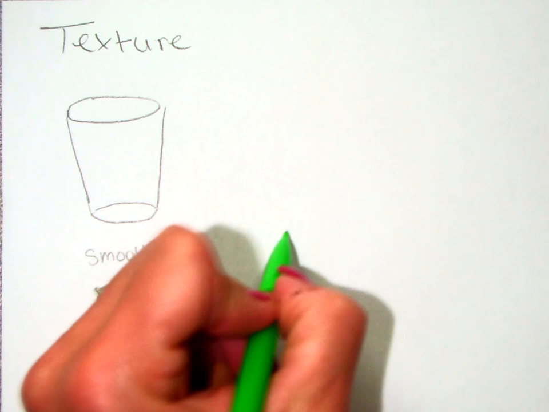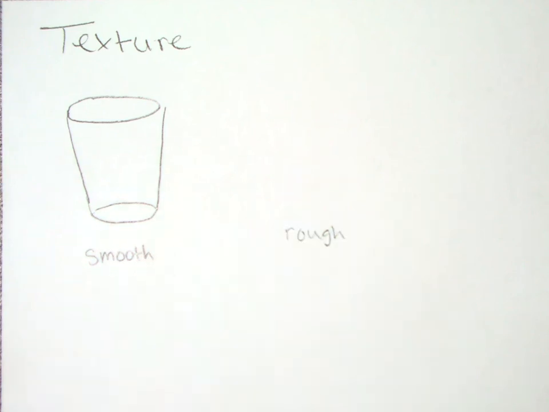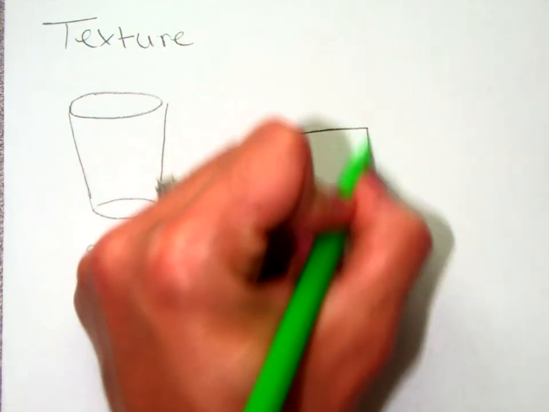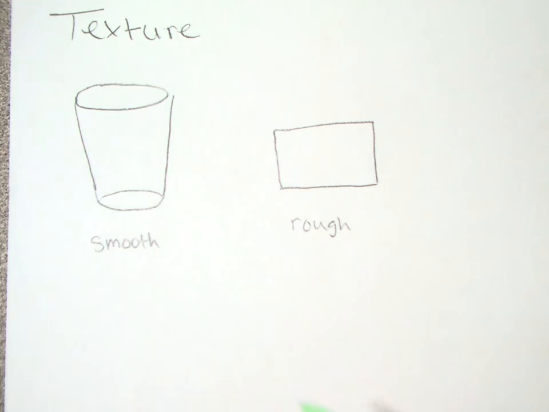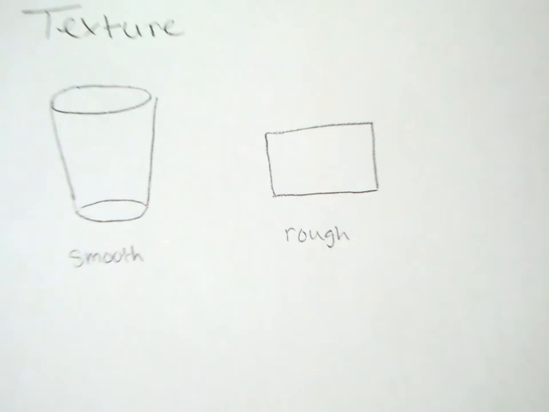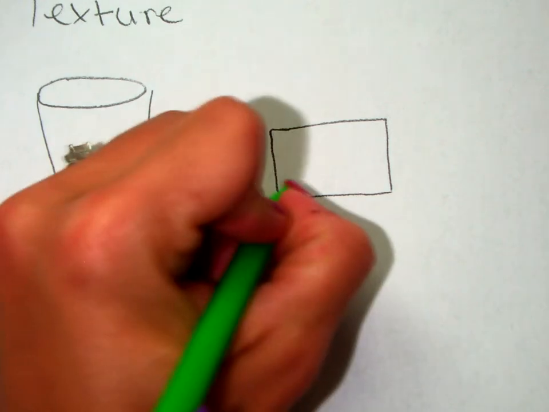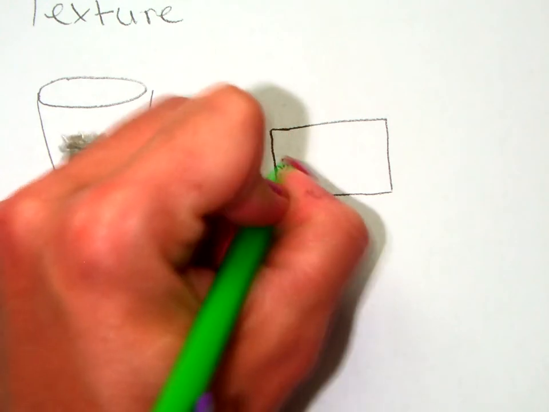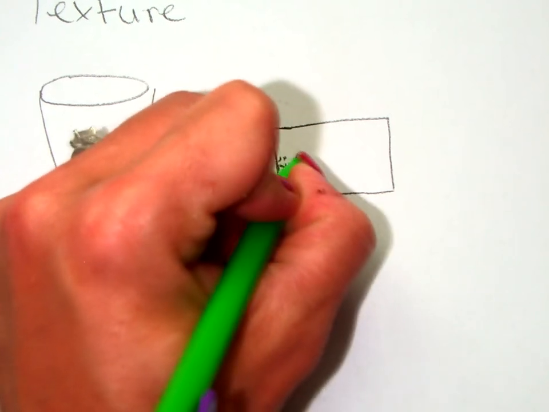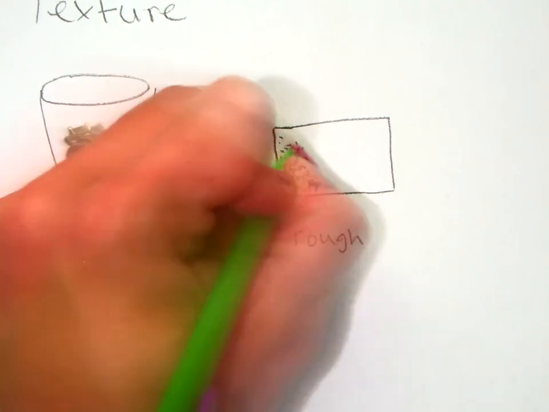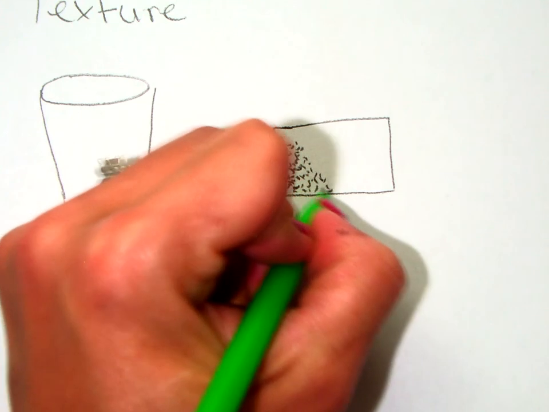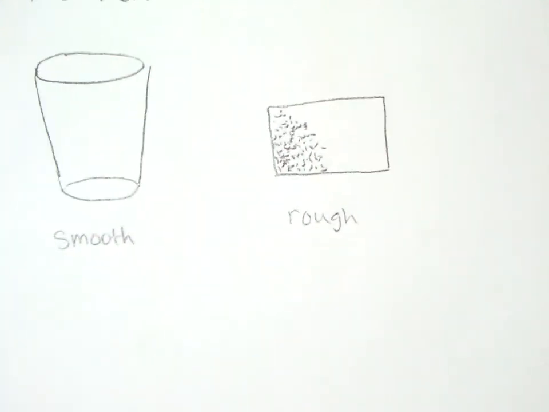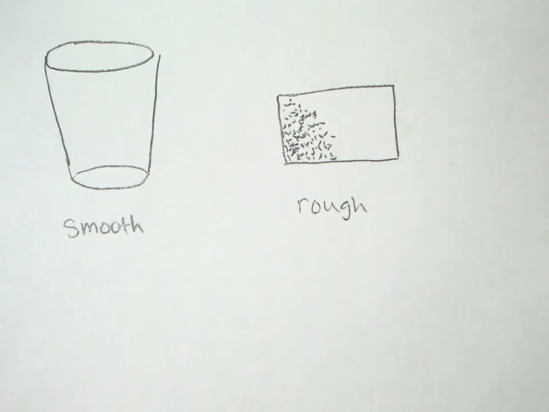Maybe we have a rough texture, say like sandpaper. So maybe I've got just this block of sandpaper here. You can create a rough look by adding dots and little dashes to create a rough texture on something. Okay, I'm not going to fill that all out, but you can. So that's kind of how you could create a rough texture.